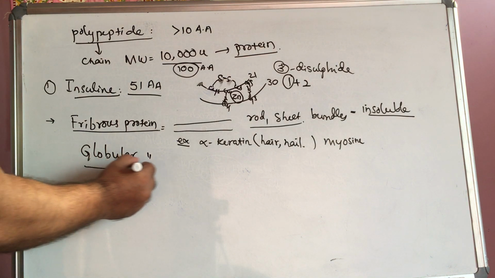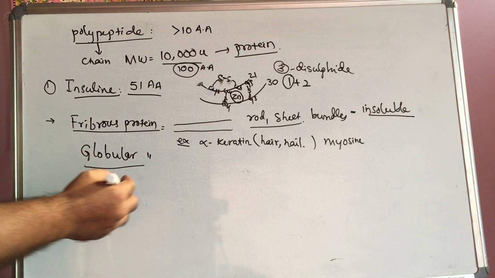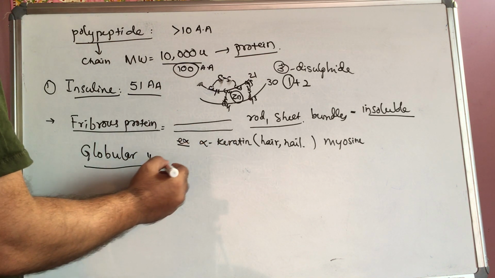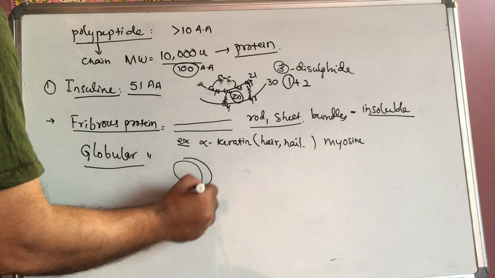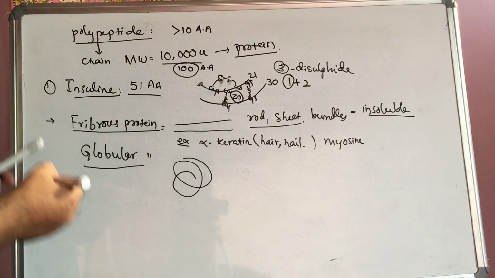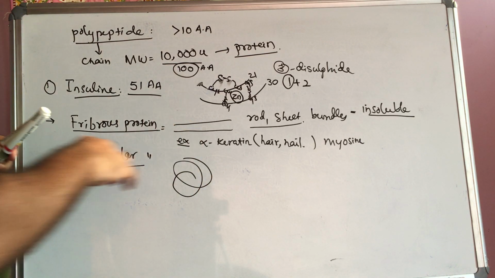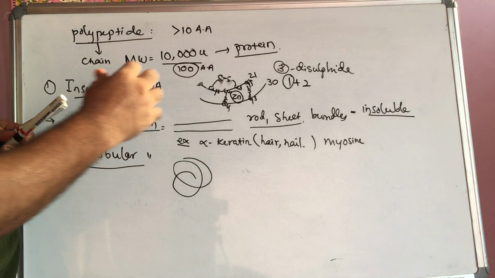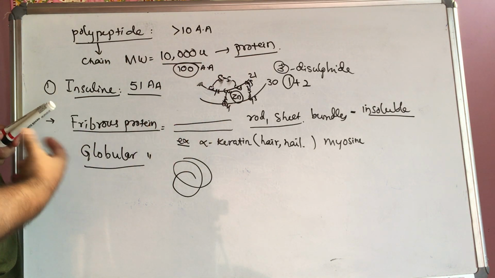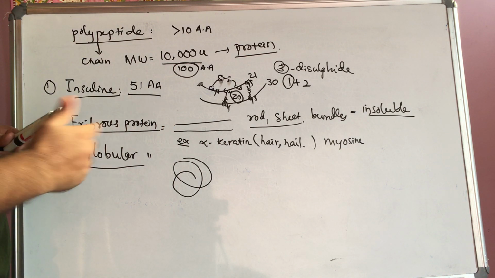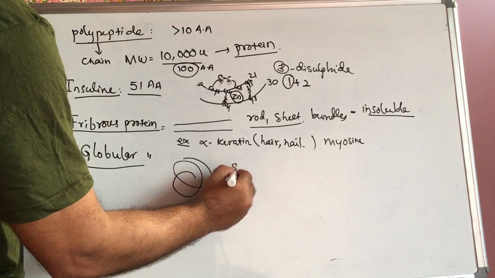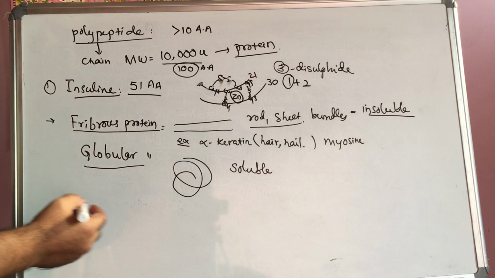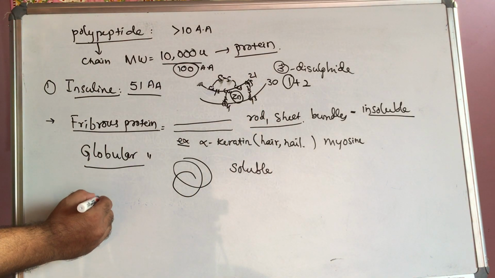Next, globular protein. These polypeptide chains are coiled around and give a spherical shape. When these are coiled or helix type, they project their functional groups to the outside and form hydrogen bonds with other molecules like water. That's why they are soluble in water. What are the examples of globular protein?